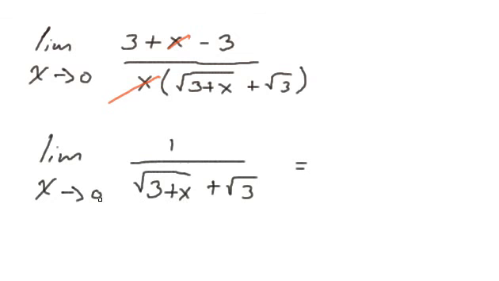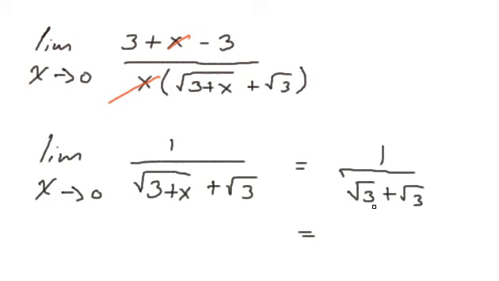So now we do the direct substitution, plugging 0 directly in. If I plug 0 in for x here, we'd end up with the square root of 3 plus 0, so that's just the square root of 3, plus the square root of 3.